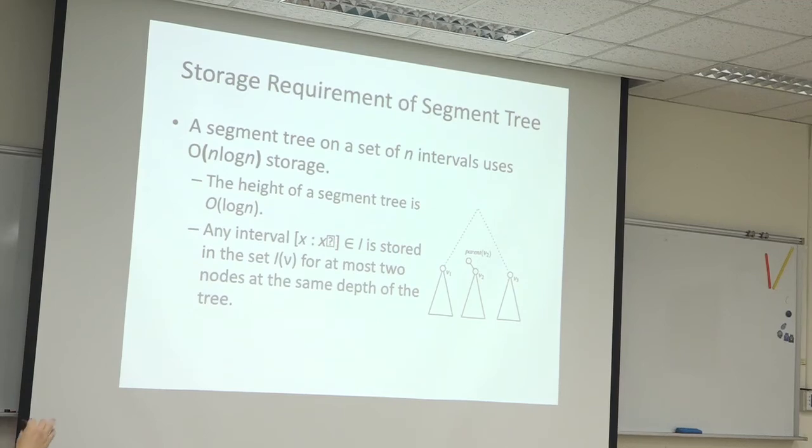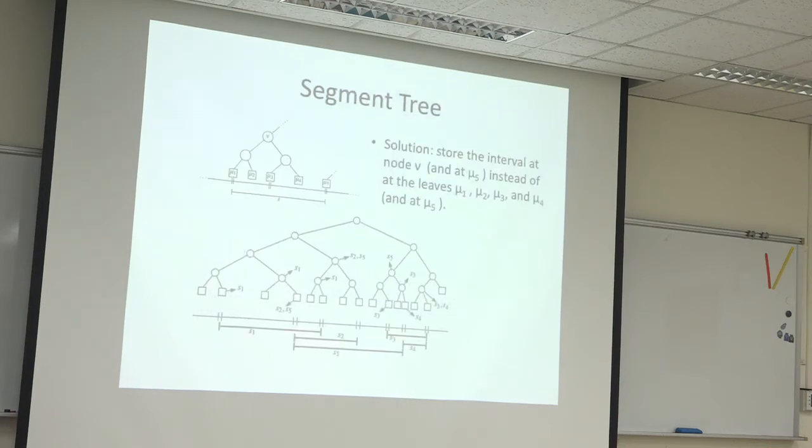And this 4n plus 1 will be the maximum number of leaf nodes you could possibly have in this segment tree, because in the segment tree each leaf node is associated with an elementary interval. So the number of leaf nodes is at most 4n plus 1.